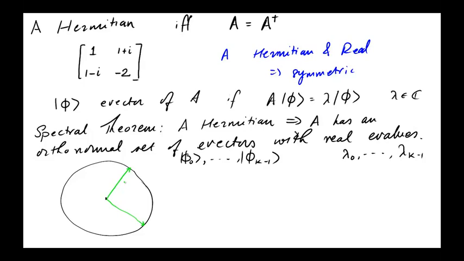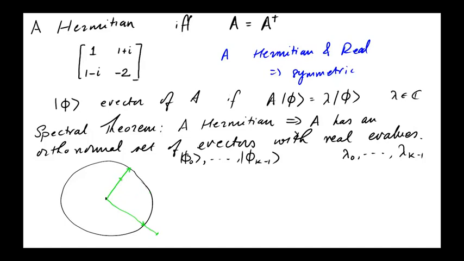And now what we are guaranteed is that what A does to this is it just scales each of these. Okay, so what it might do is it might shrink this vector, and it might expand this one. And of course, once we know what it does to each of these, we know what it does to any linear combination.